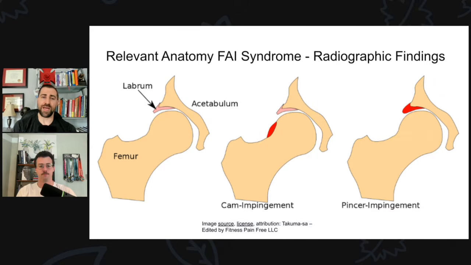And what happens is that that's going to create some premature contact of the ball against the socket when the hip goes into hip flexion and hip internal rotation. We can also have Pincer impingement, which is going to be extra bone on the acetabular side of the joint. And you can also have mixed impingement where you have Pincer as well as CAM.